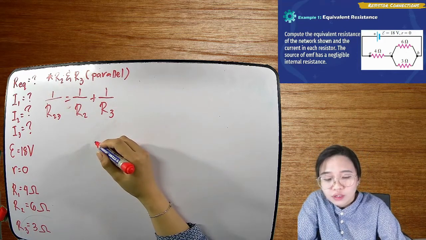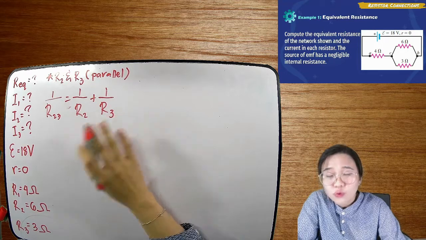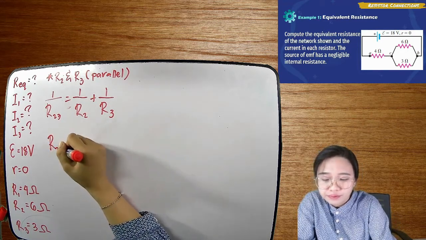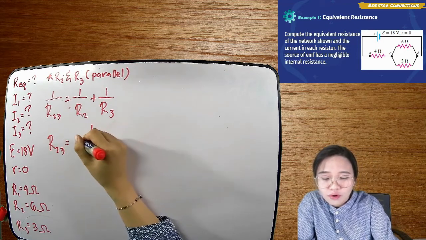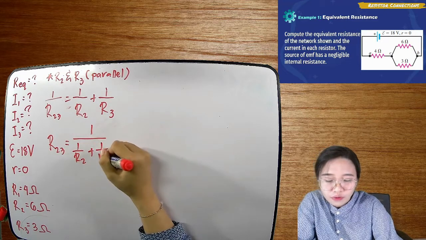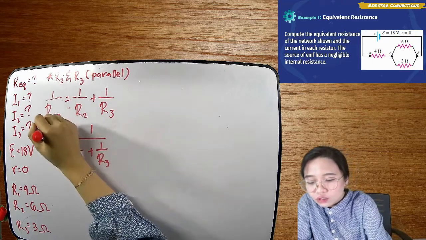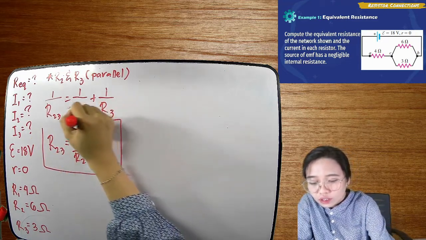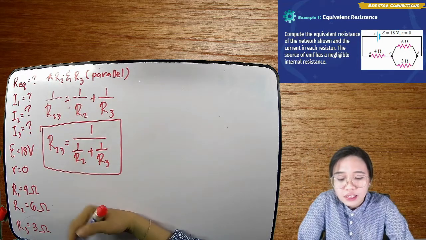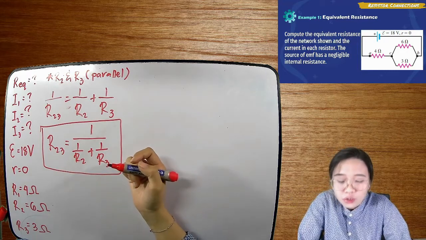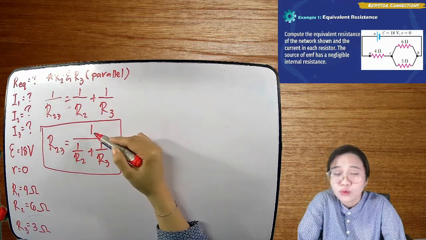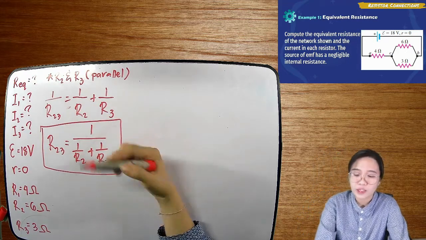So, to make it easier, we will have R23 equal to 1 over (1 over R2 plus 1 over R3). We will be using this equation so that we do not forget to divide the answer to 1.